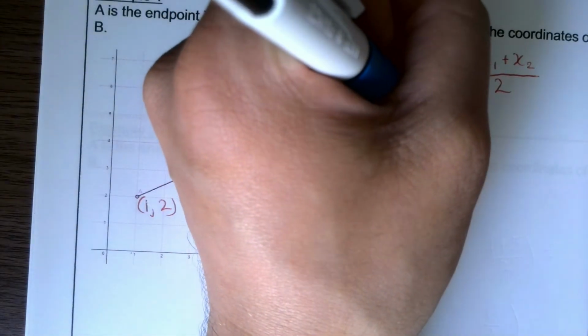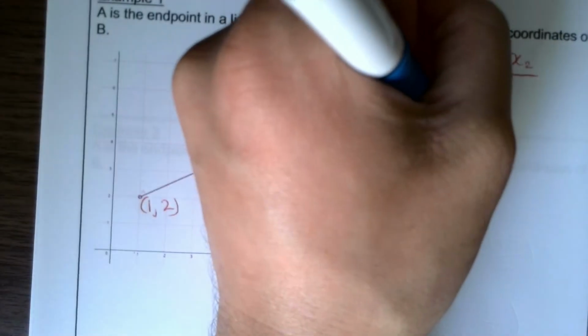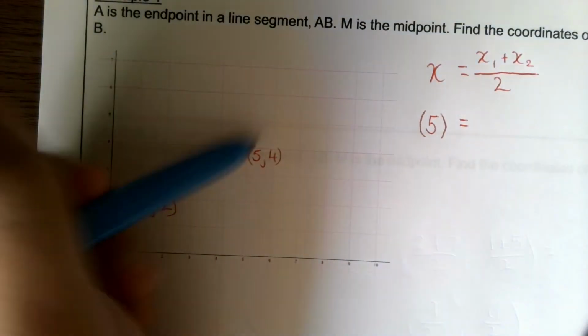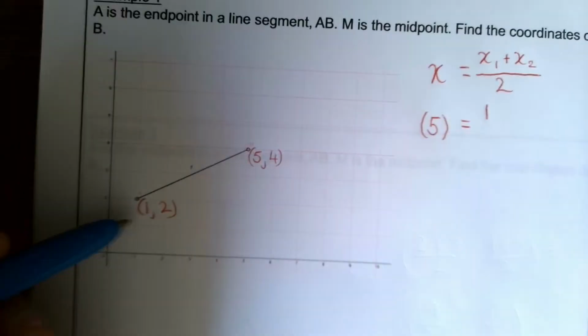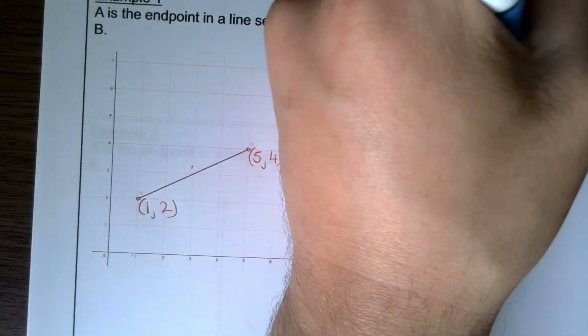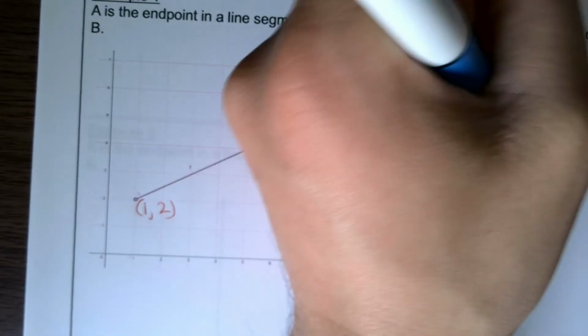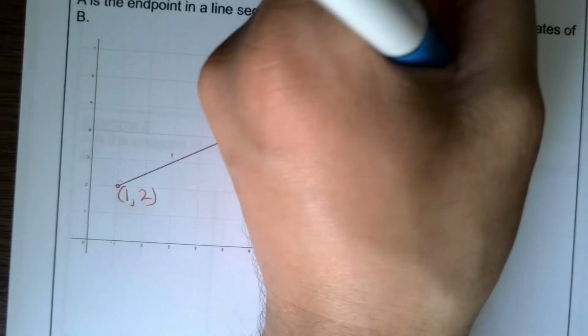I'm going to put the numbers that I substitute in brackets initially, so you can see where that's coming from. Okay, so that's the x coordinate of the midpoint. And now I'm going to put in the x coordinate of A, which is 1, plus, we'll still call it x2, all over 2. Don't forget we're going to put brackets around it to show that's where we substitute.